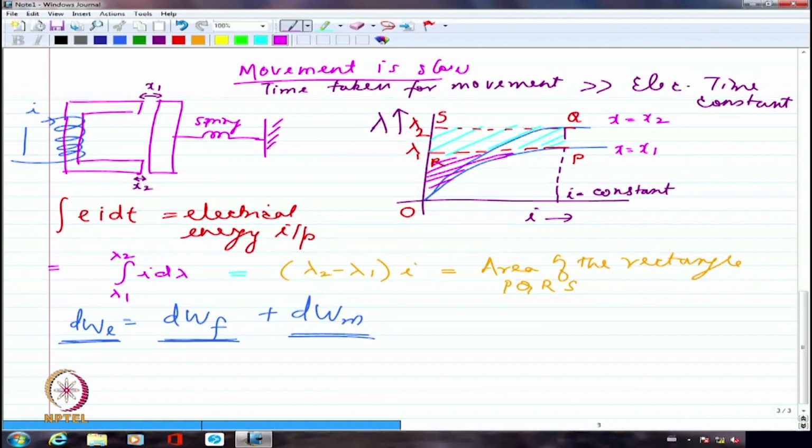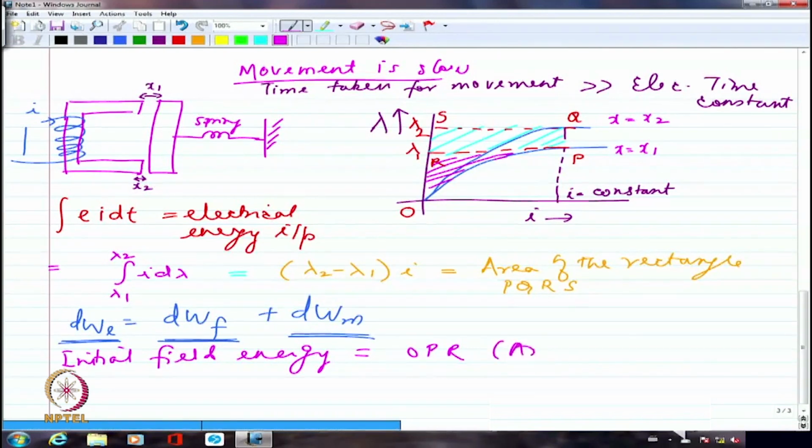So the initial field energy is the area OPR. Please note that it is that entire area enclosed by the magnetization characteristic corresponding to x1 and the lambda axis itself.